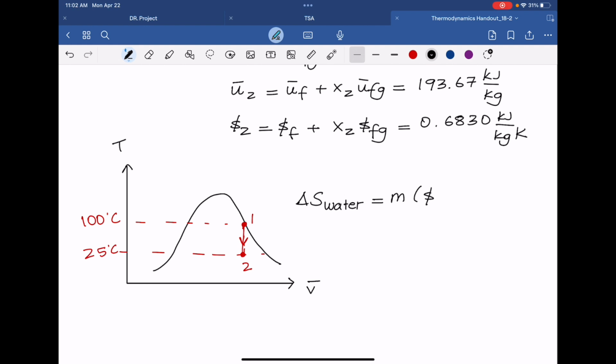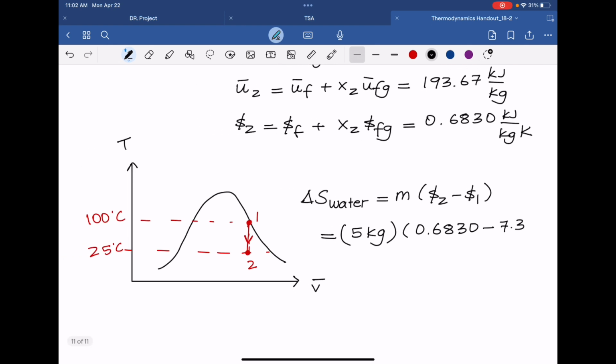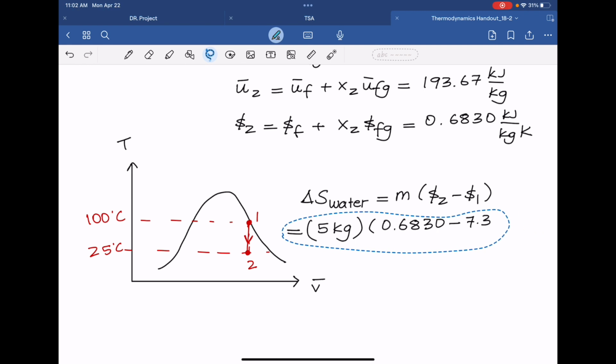You can use any subscript that is convenient for you. And the mass is 5. S2, we found it. S1 is also, we found it from the tables. I hope I have enough space here. Let me carry this to here.